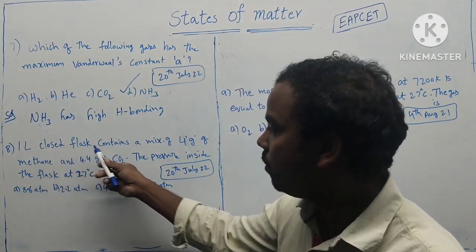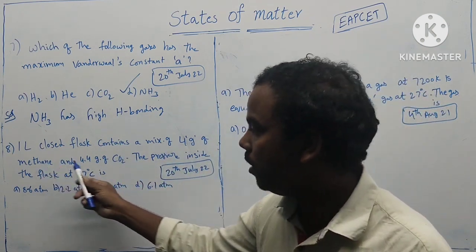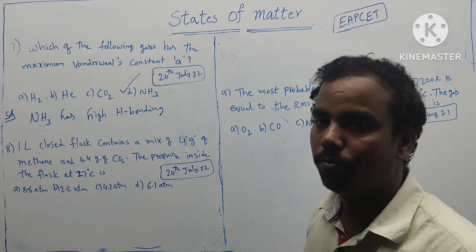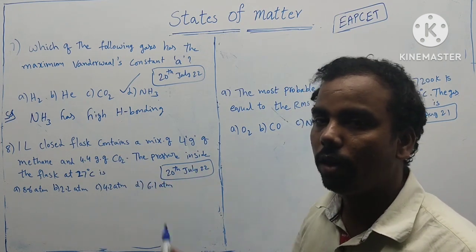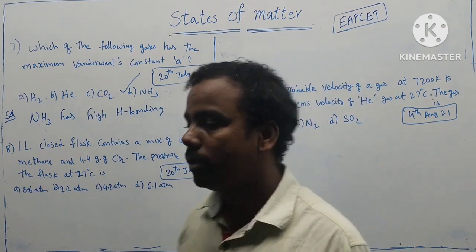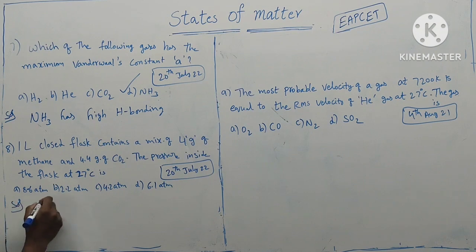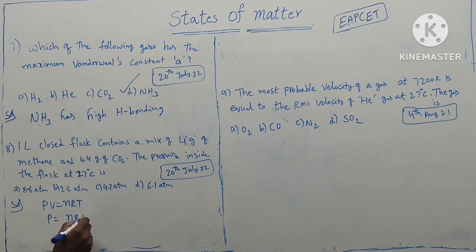A 1 liter closed flask contains a mixture of 4 grams of methane and 4.4 grams of CO2. Two gases are present in the 1 liter closed flask. The pressure inside the flask at 27 degrees centigrade is very easy. We know that PV = nRT, so P = nRT/V.